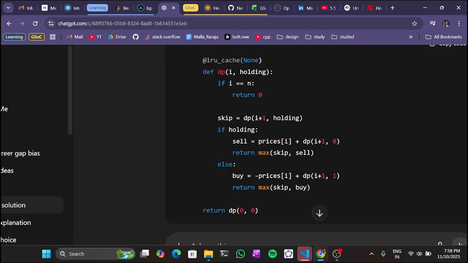If we are holding something, then we can make profit out of it. So prices of I plus dp of I plus 1 comma 0.